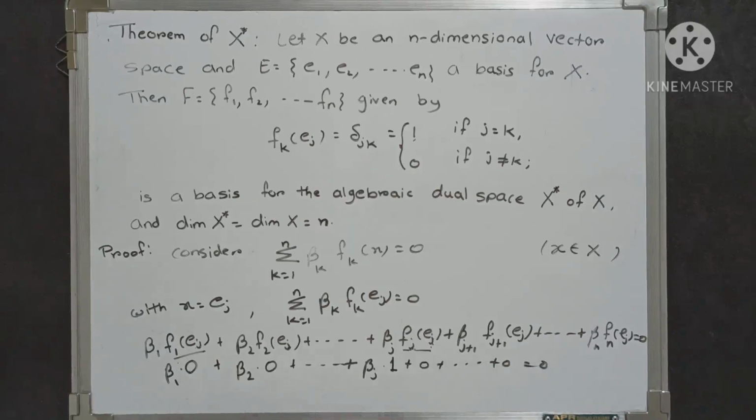All the other terms are again equal to 0, and therefore this implies that beta j equals 0. But here we are considering j to be fixed. That means for x equals Ej we get that beta j equals 0, and as we are taking j to be fixed, it is true for each j that beta j equals 0.